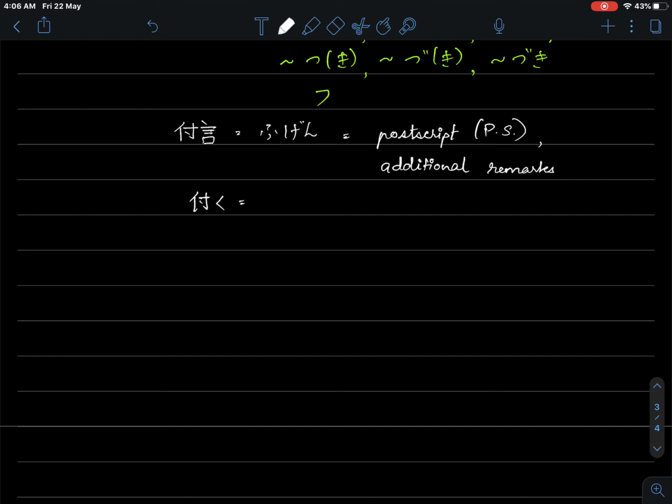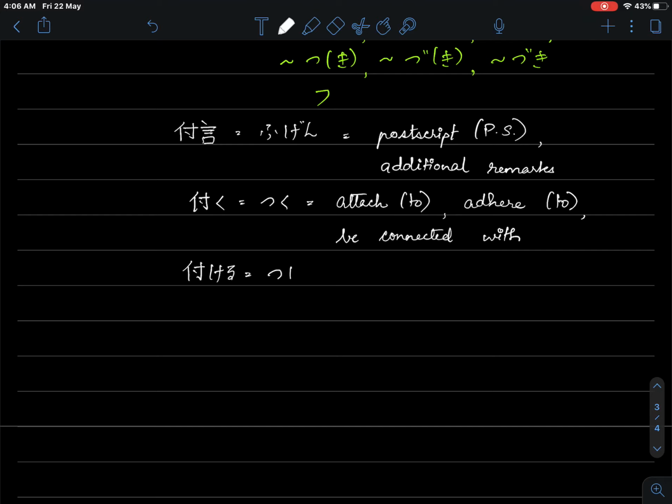Now this is how we write the kunyomi. Tsuku, which means attach to, adhere to, be connected with, etc. Okay, the other set of kunyomi, so this is tsukeru.